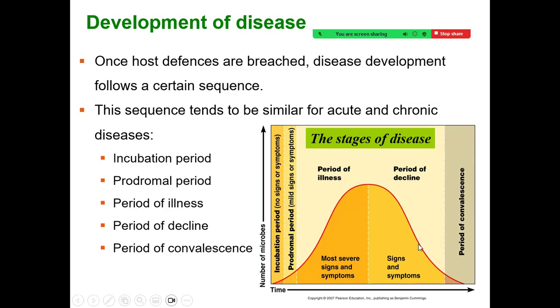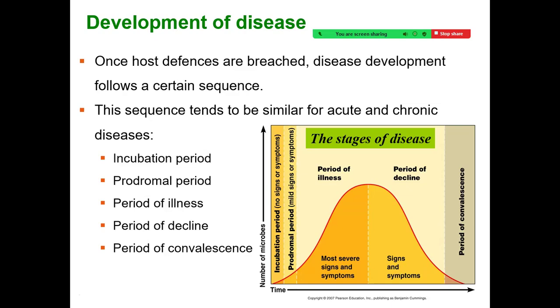The signs and symptoms then decrease in severity until they get to a threshold. And you'll note that on this axis, we have the number of microbes increasing on the Y, as well as the increase in the signs and symptoms on the Y. What happens is the disease signs and symptoms decrease until you reach a threshold where you no longer have any signs and symptoms.